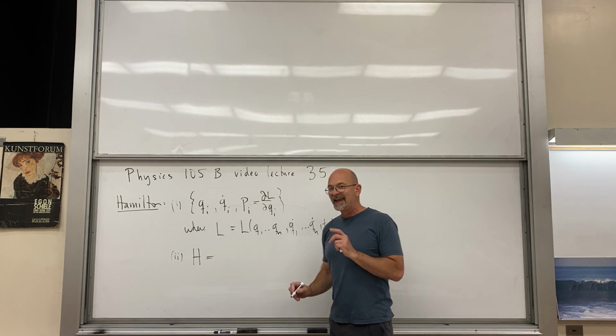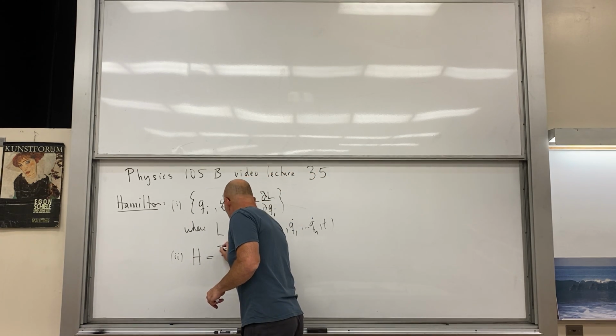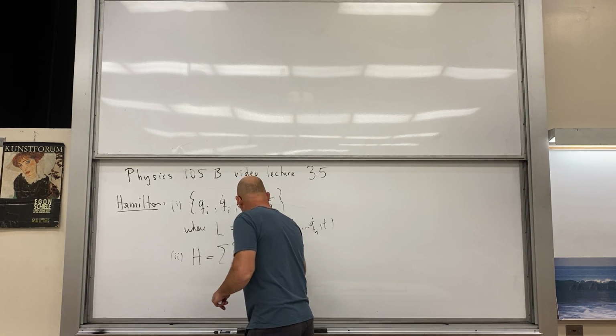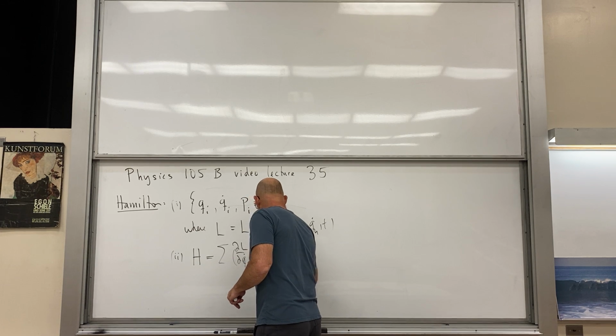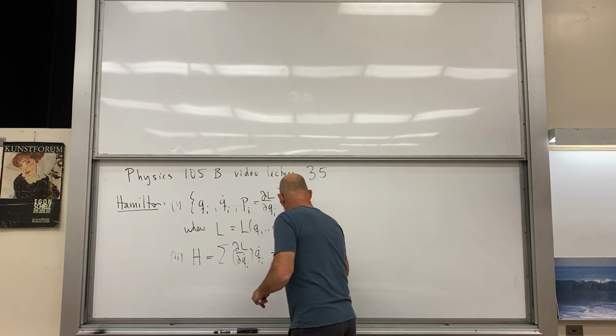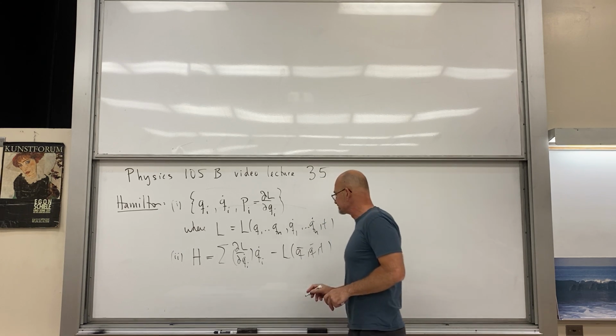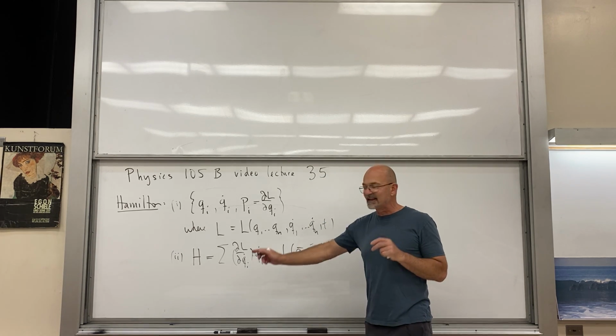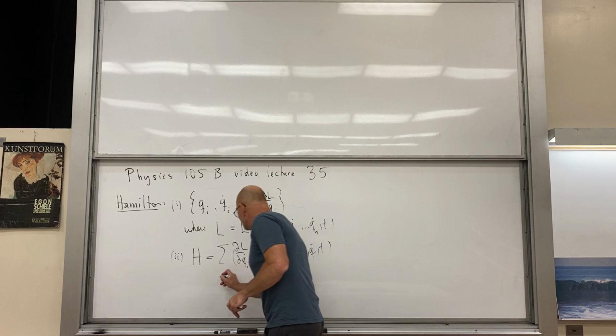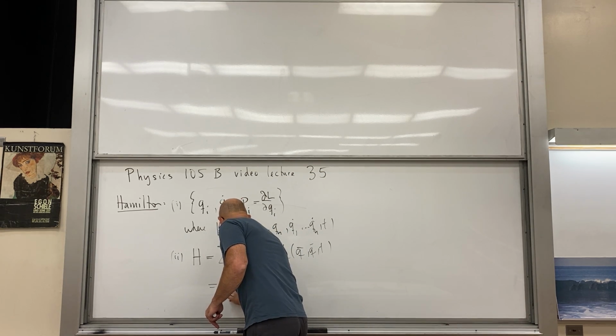We start with the energy, the sum over i of dL/dqi dot, which is P sub I, qi dot minus L of q, q dot, T. That's not yet the Hamiltonian. Nor is this, right?